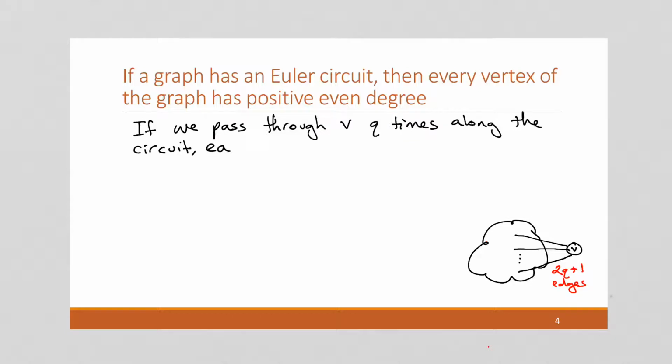Removing it's easy, so each time, because we can't use that edge again anyway. Then V will only have one edge left.